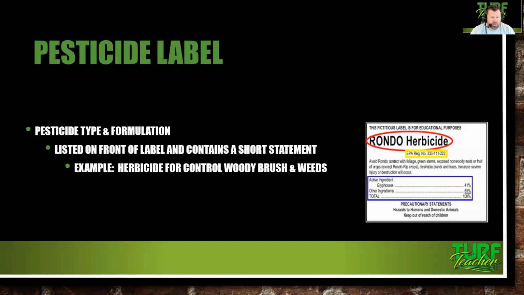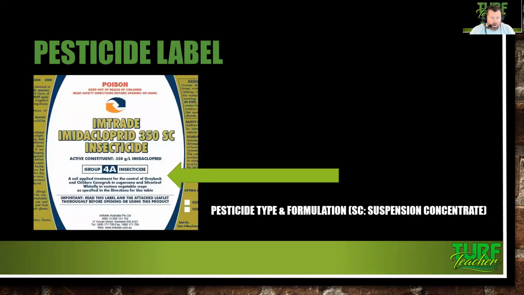Your formulation and your pesticide type is listed on the front of the label and contains a short statement. Example, a herbicide for control of woody brush and weeds, just like the Roundup example we saw. Here we have a suspension concentrate. It's termed SC, and it is right in there, and it is a group 4A insecticide.